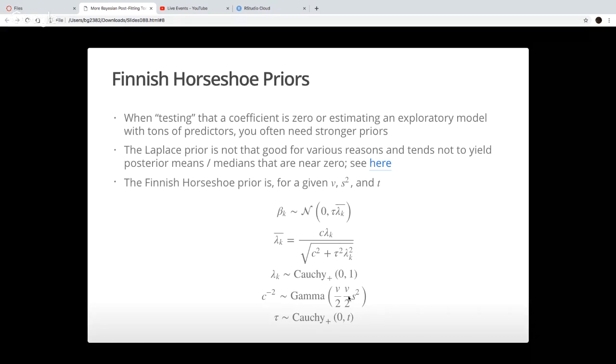So you're going to have to put in v and s squared. And then finally, tau has this also Cauchy or half Cauchy prior, but with a scale of t, which is another thing that you can input as an exogenous known in your prior beliefs.